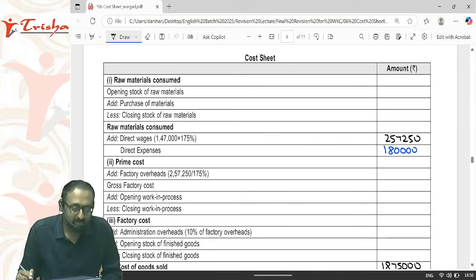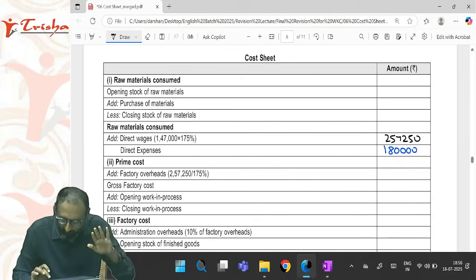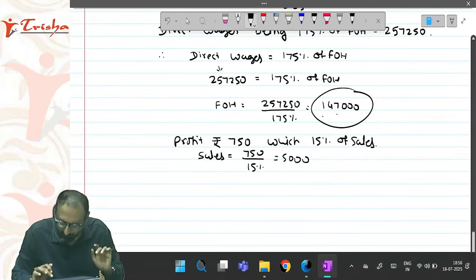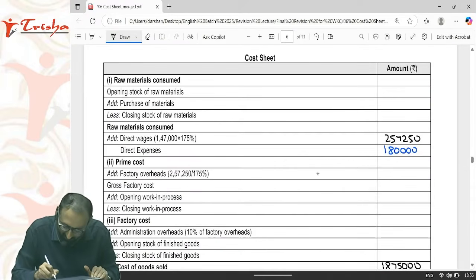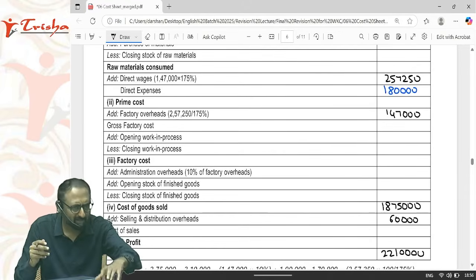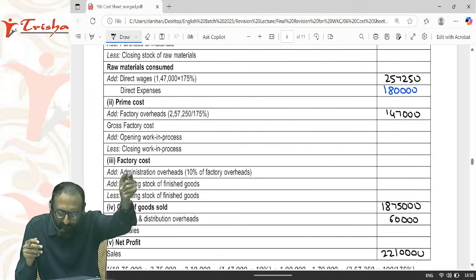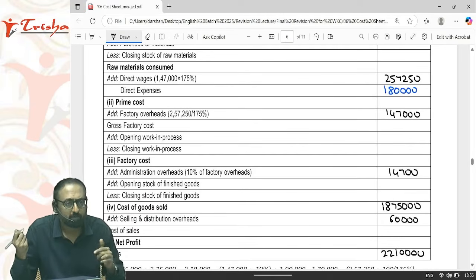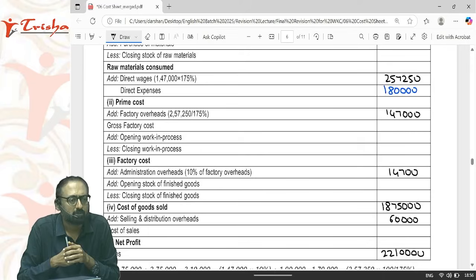How much is the factory overhead? We have just calculated it: 1,47,000. Administration overhead is 10%, so 1,47,000 multiplied by 10% is 14,700.